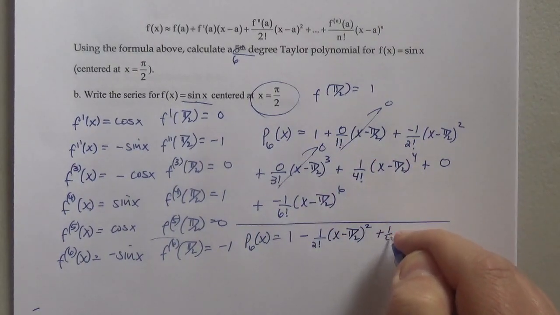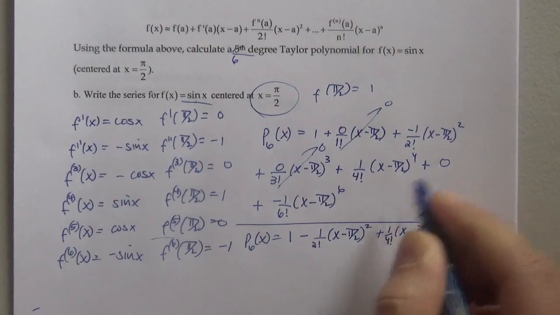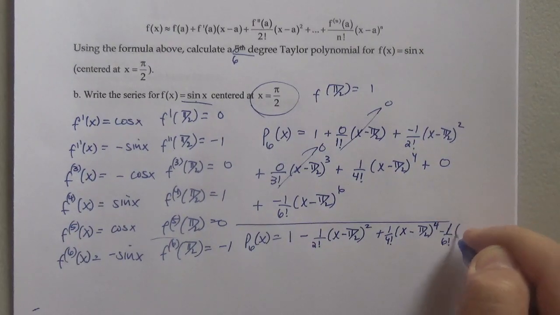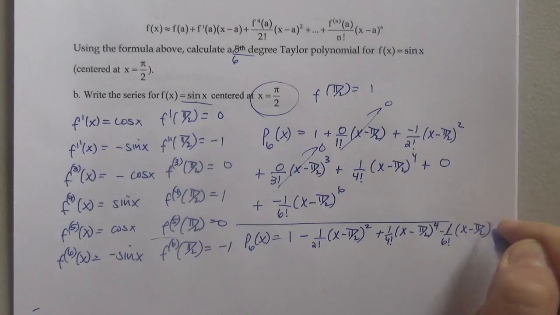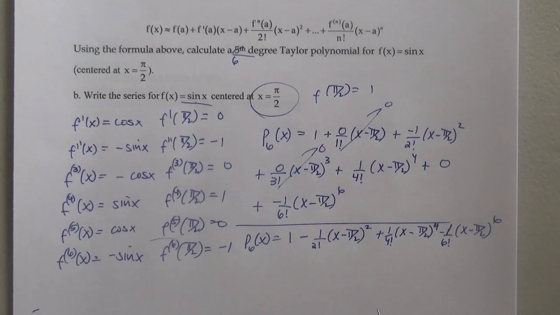This is plus 1 over 4 factorial times x minus pi over 2 to the 4th. And then the 5th term went away, and the 6th term is minus 1 over 6 factorial times x minus pi over 2 to the 6th. So notice that every other term is negative.